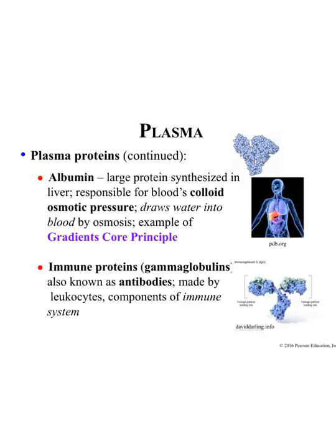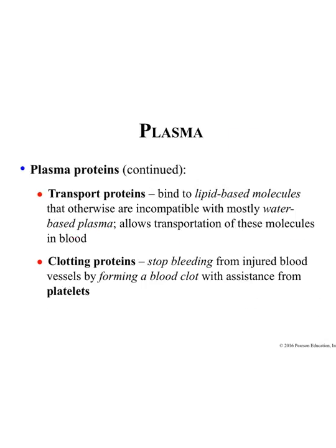Immune proteins are gamma globulins. We call these antibodies, which we talked about with blood. They're made by leukocytes, and they are a component of the immune system. We will talk a lot more about antibodies when we do the immune system. Other plasma proteins are transport proteins, so that lipid-based molecules that are hydrophobic can travel through the water.